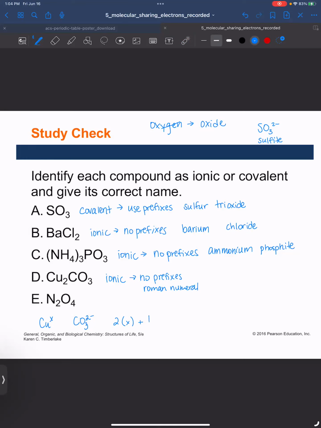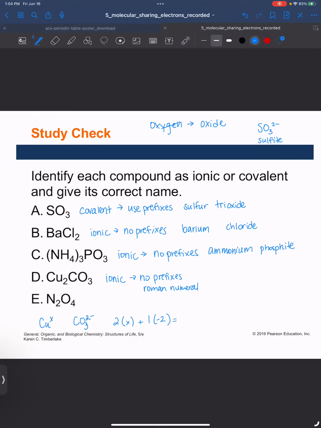I have 1 carbonate with a -2 charge. Remember that the 3 is for the oxygen. That's part of the polyatomic ion. And there's no parentheses, which implies that there's only 1 carbonate. So be careful with that. Sometimes you see students want to put 3, but that's part of the formula for the polyatomic ion. And there's only 1 in this ionic compound here. So that's that 1 there with a -2 charge.